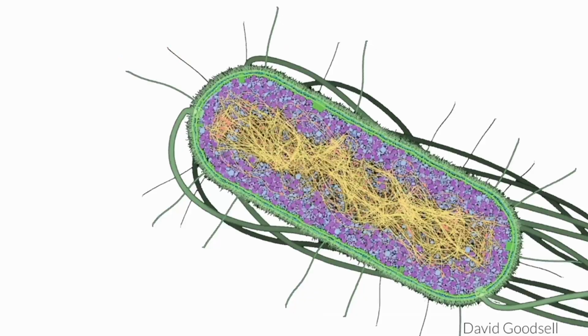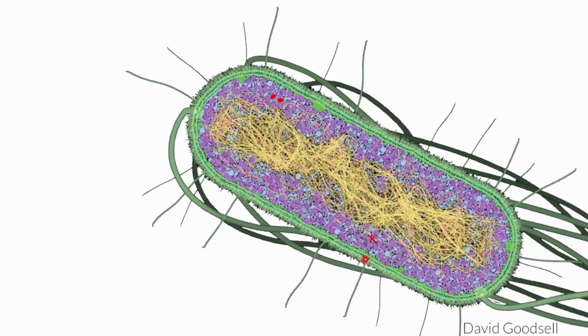And hopefully you see where I'm going with this, thinking about cells, because a cell is essentially doing the same thing. It's got a bunch of parts that are all packed in, interacting with each other. So this is a painting by David Goodsell, and each of the purple and blue and green things is some kind of macromolecule. And a molecule here and a molecule here, right, that are right next to each other, those can interact in some interesting way. They have no idea what's going on in a molecule over here.